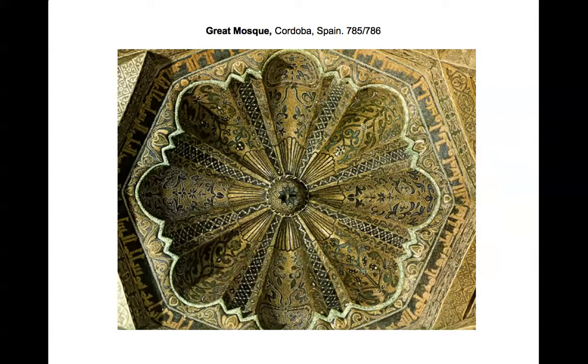So in Cordoba, Spain, the Dome of the Great Mosque, which was built in 785 and 786, may symbolize the celestial canopy, or the heavens, and was based on complex mathematics and geometry. So already you see the importance of mathematics and geometry, not just as esoteric thought, but also as a way to inspire art.